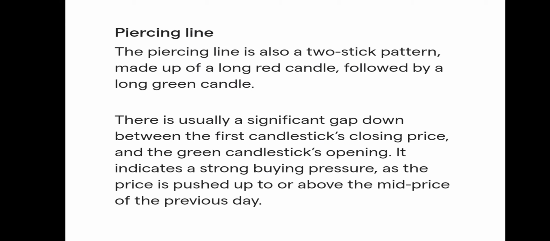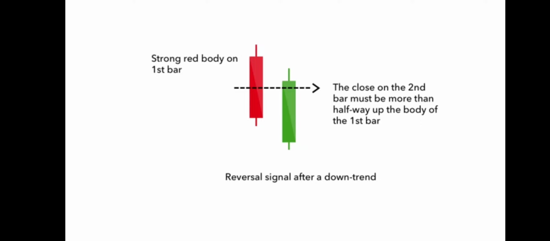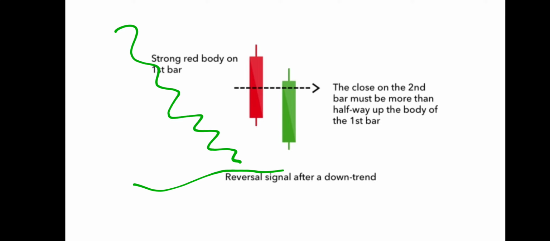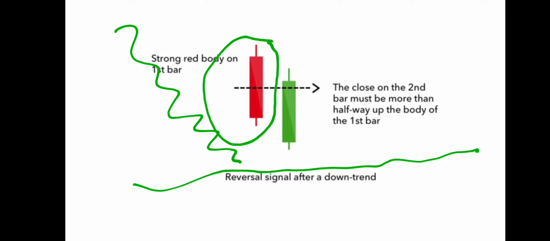And next is the piercing line. What happened? The piercing line, you will see, is also formed after a downtrend and maybe near the support area. Maybe downtrend or maybe support area. So what happened? There is a strong bearish candle formed, and the next day there is a gap down opening. Friends, please remember this point.